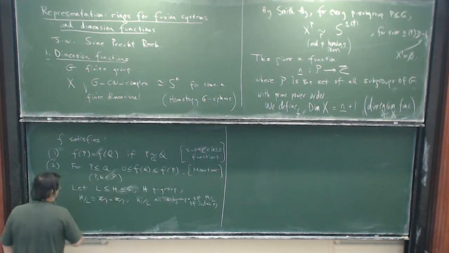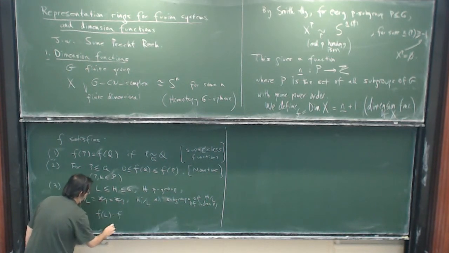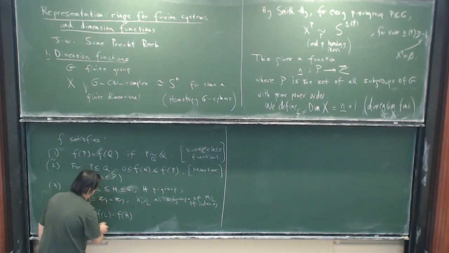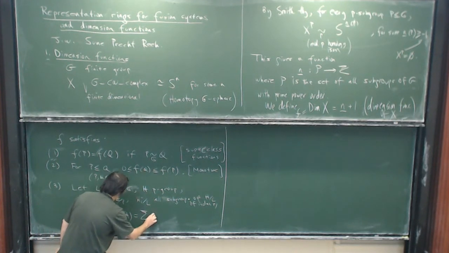If you have all these things, then a formula holds: the difference between L and H is the sum of all the differences.